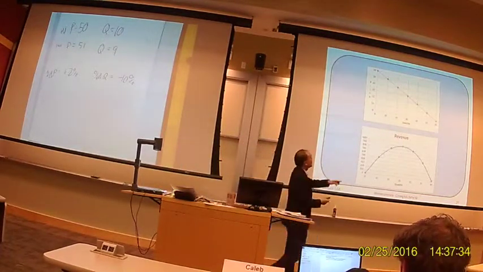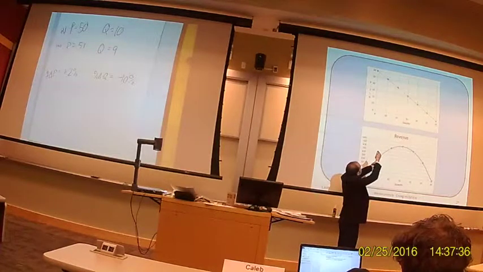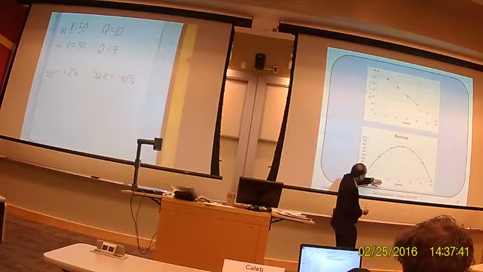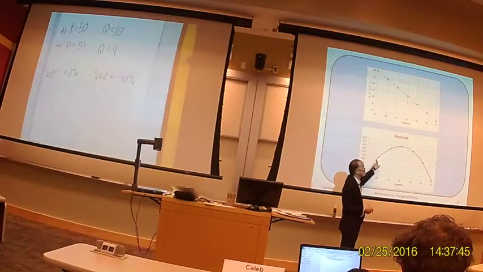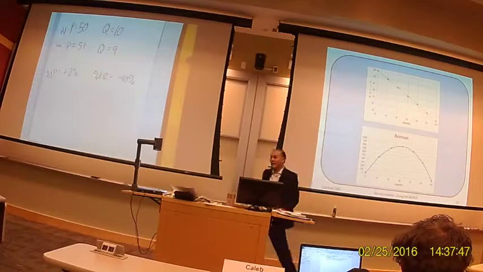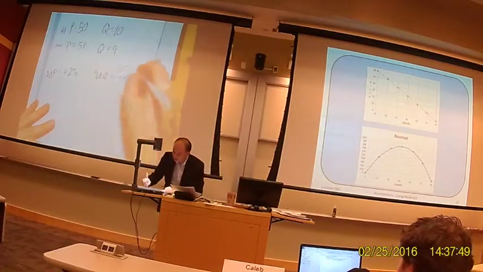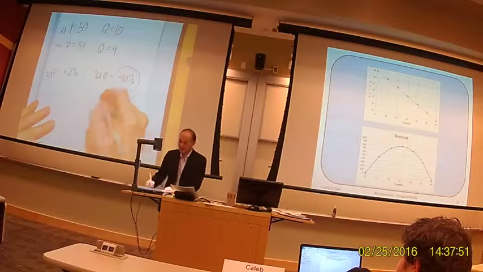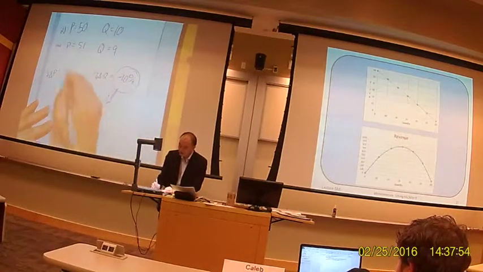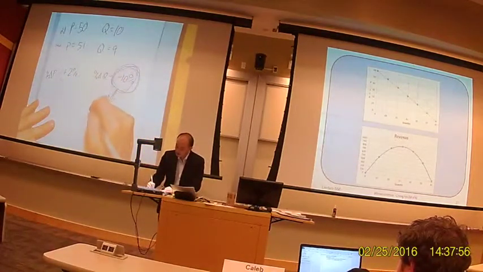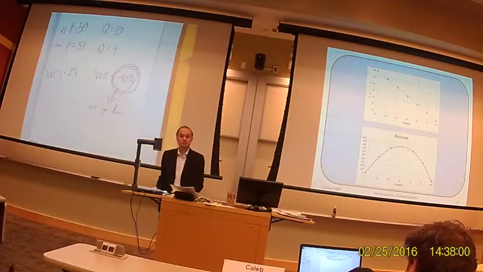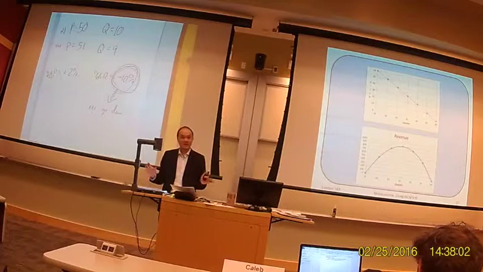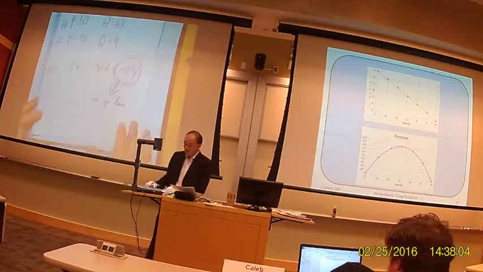Well, from this graph, it shows you that if I increase the price and decrease the quantity, I'm going to be moving left. And on this graph, which just says quantity here, moving left tells me I'm going to go down in revenue. And the neat trick is we circle the thing that's going to be larger in magnitude, and that tells us, comparing these two, this is the one that's larger. This tells you that revenue is going to go down. That's the kind of magic thing with elasticity.